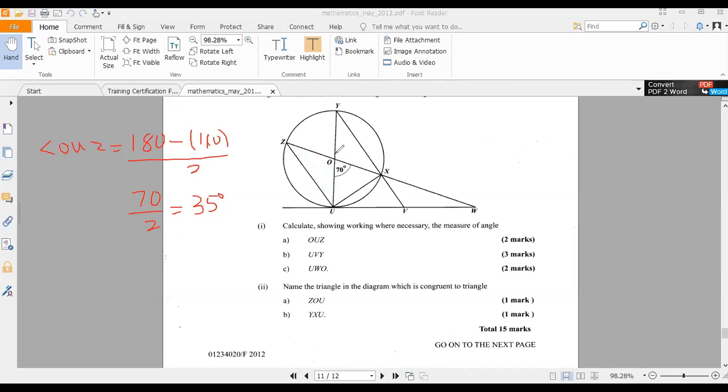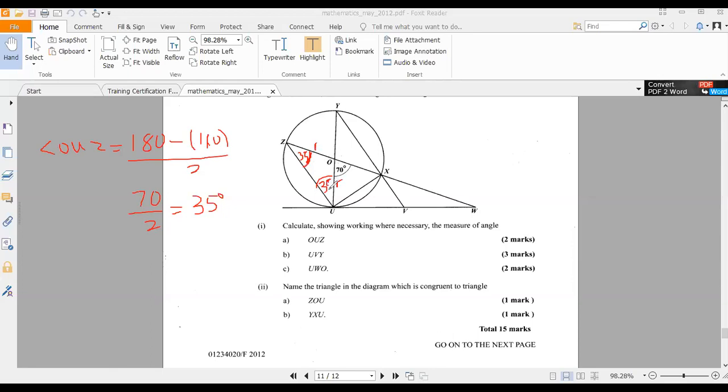So if this is the angle at the center, this angle here will be the angle at the circumference. If this side is 70, this angle is going to be 35. But if here is 35, and this is radius and this is also radius, automatically this is going to be 35 degrees. Everybody agree with me?